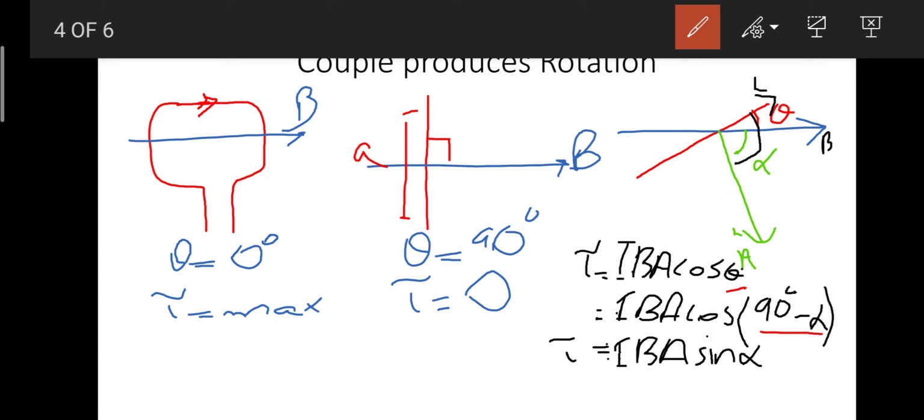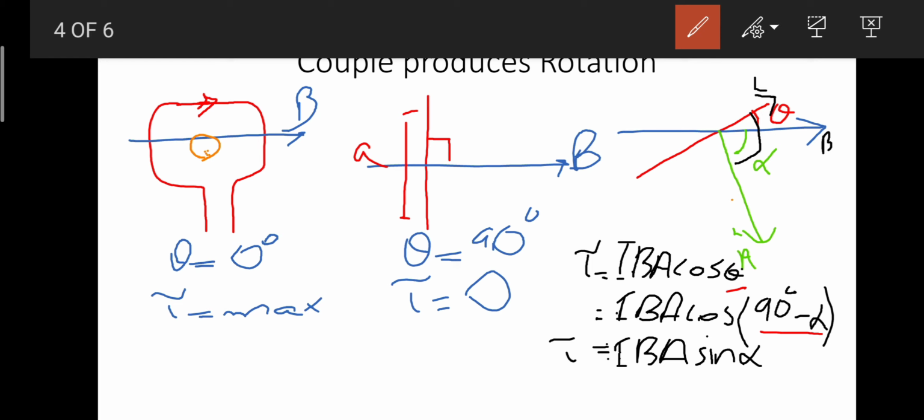In the first figure, the direction of the vector area is out of the page, meaning towards you, out of the screen, and it is making an angle of 90 degrees with the magnetic field, which is in the right direction.